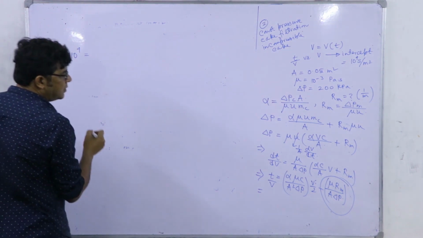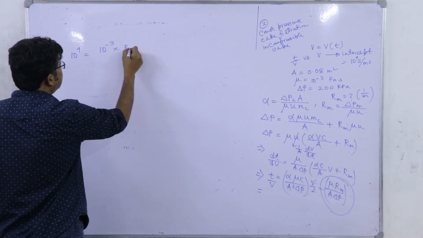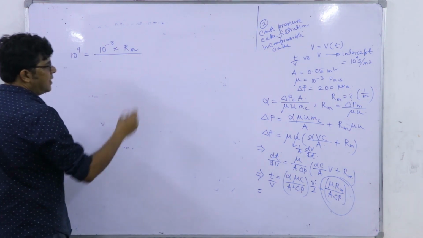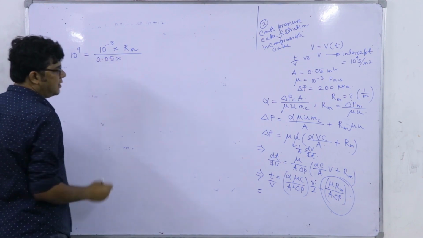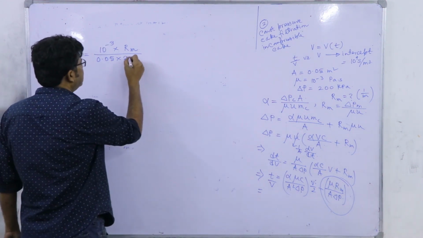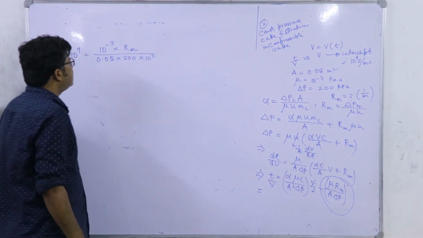So, that is equal to mu, which is 10 to the power minus 3, into Rm divided by A, which is in meter square, so 0.05, into delta P. Delta P is given in kilopascal, so convert it into pascal, into 10 to the power 3, right.